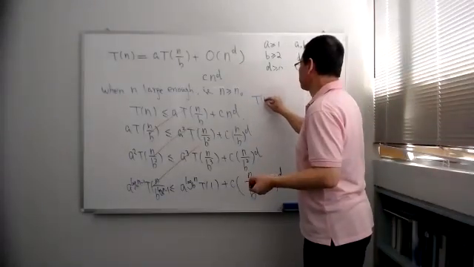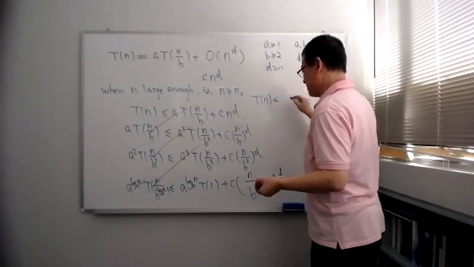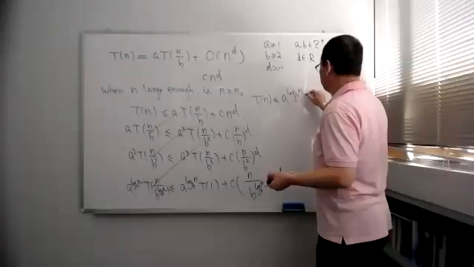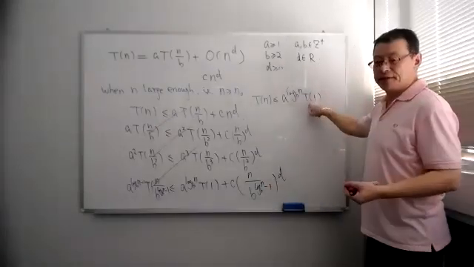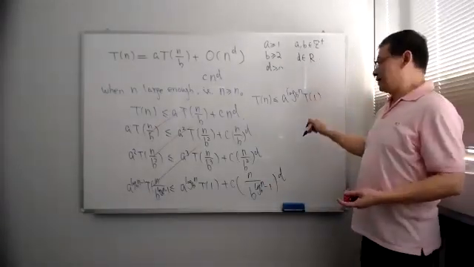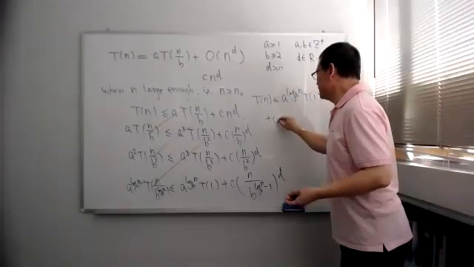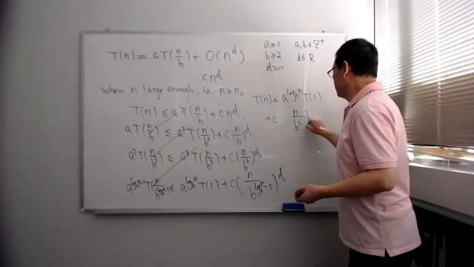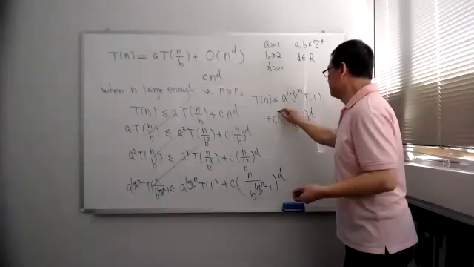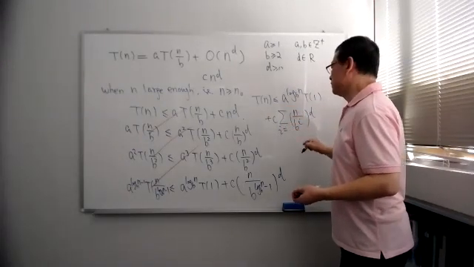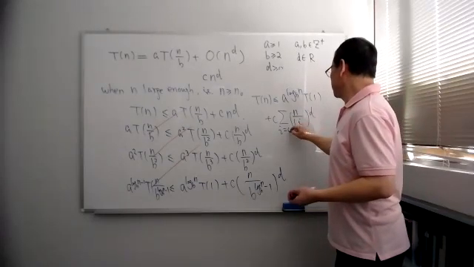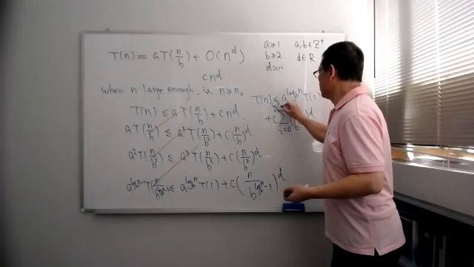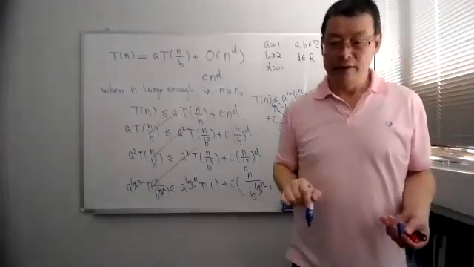Tn = a^(log_b n). So this one is a constant. All right, now plus the summation of c, the summation n b^i, i.e. the sum from i equals 0 to log_b n minus 1, I think.